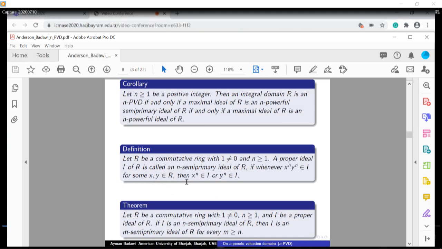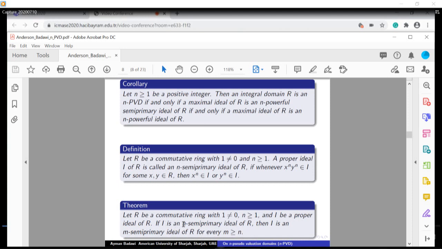Clearly, you can check that the radical of I has to be prime, definitely. And here is what's kind of interesting, this result. If I is n semi-primary of R, then I is m semi-primary for every m bigger or equal to n.